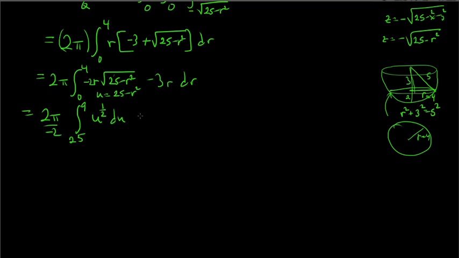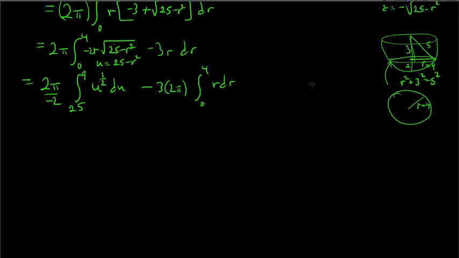Okay. And then let's just do the second part here. Minus 3 times 2 pi times the integral of just r, which is 1/2 r squared. Okay, so minus pi, this will be 2/3 u to the 3/2 evaluated between 25 and 9.